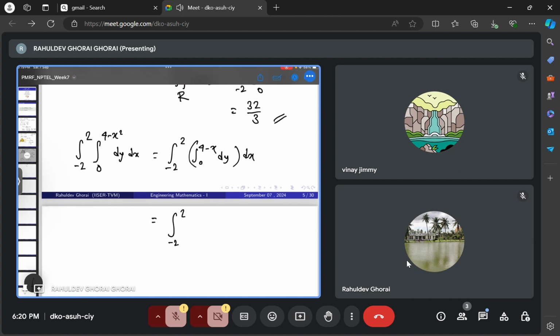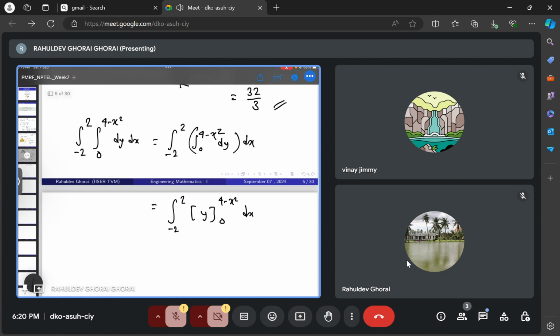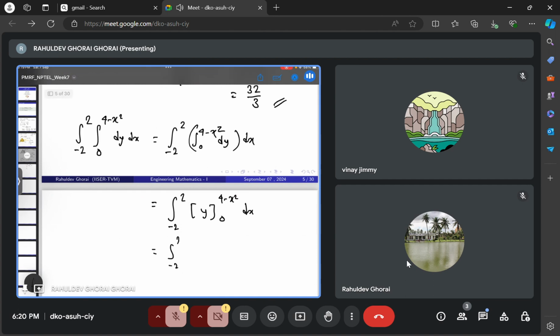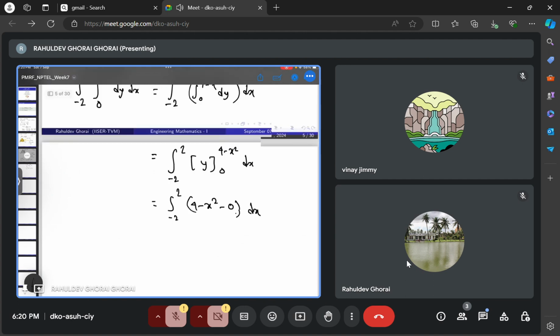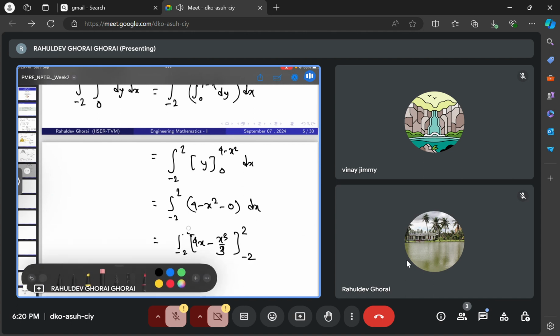That will be y, from 0 to 4 minus x square, times dx. So that will be the integral from minus 2 to 2 of 4 minus x square minus 0 dx, right? Integration, so that will be 4x minus x cube by 3, from minus 2 to 2.